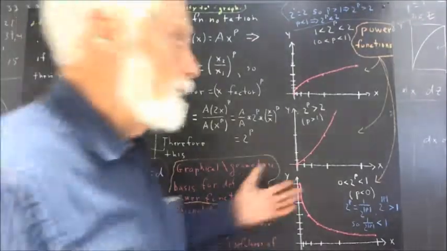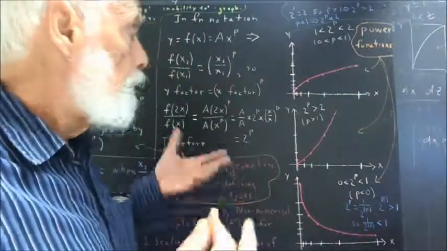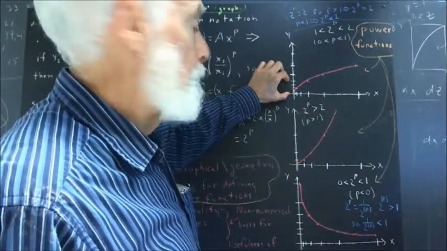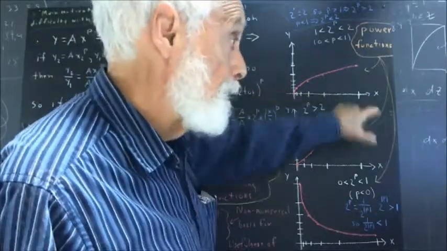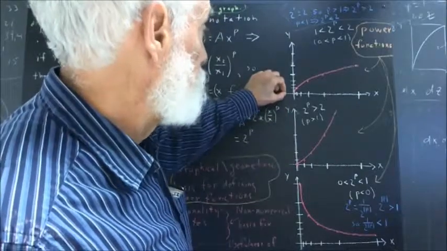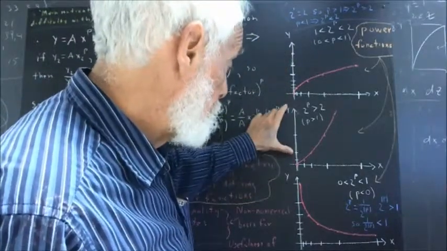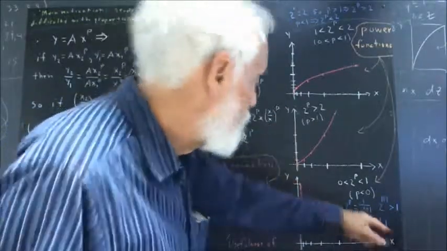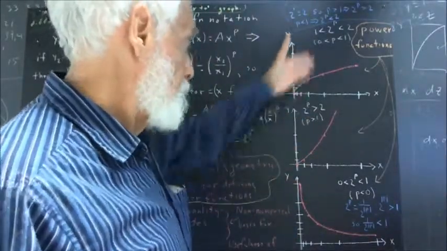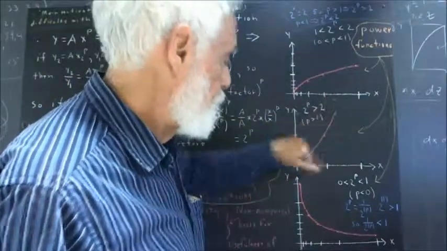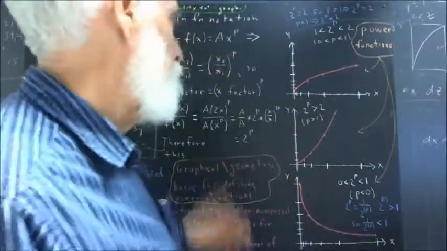Now, all these graphs are constructed by a single type of rule: the y changes by a certain factor every time x doubles, whether that factor is between 1 and 2, or greater than 2, or less than 1. We can get functions of this nature. So these are three ways power functions can look. There's actually a fourth way.